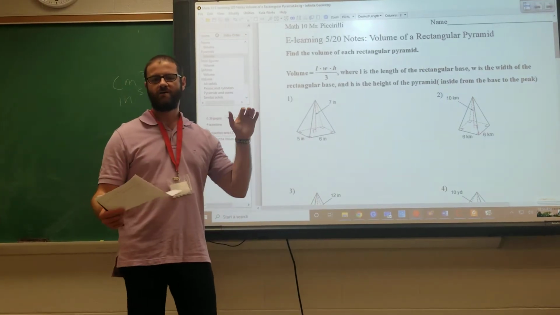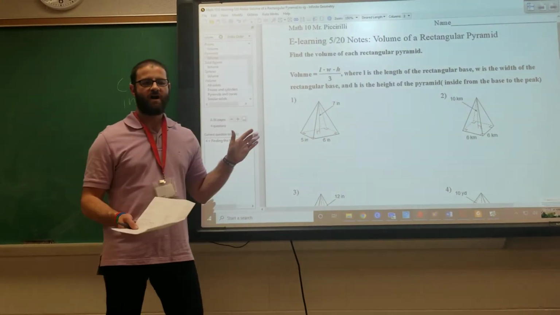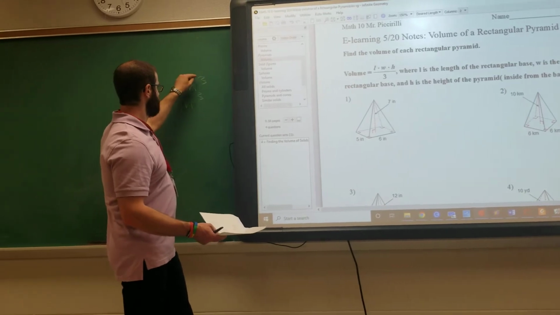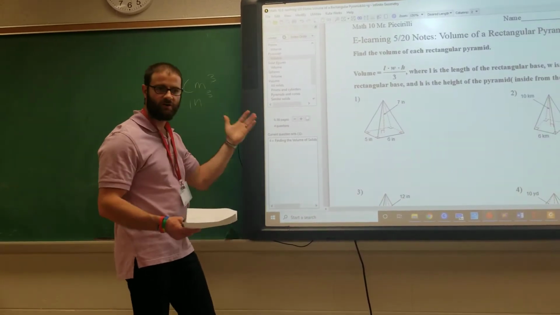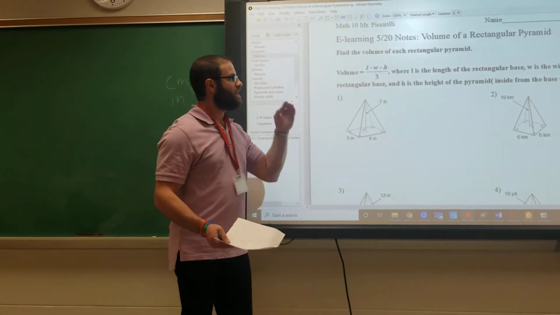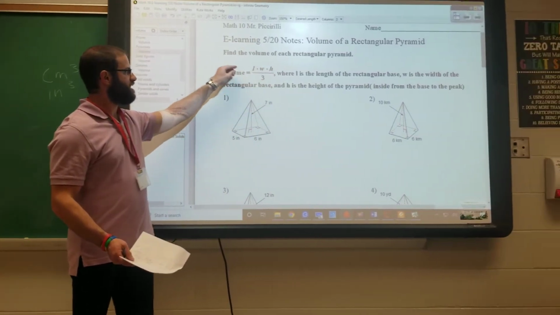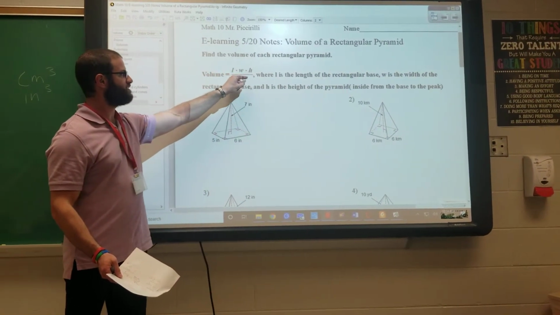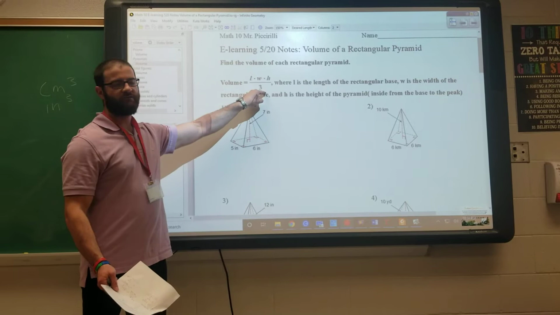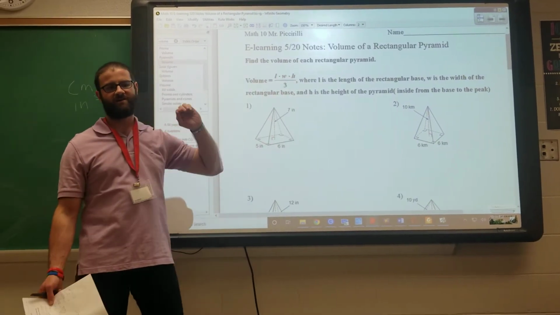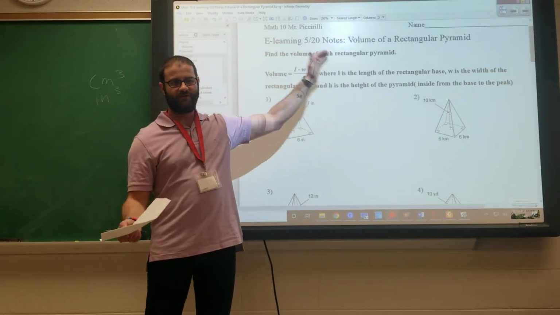Okay, so remember, with volume, we're still using our cubic units, to the third power, like centimeters cubed, inches cubed. And the formula we have is length times width times height, but we have to divide by 3. So think of it as like a rectangular prism, and we're just dividing by 3.